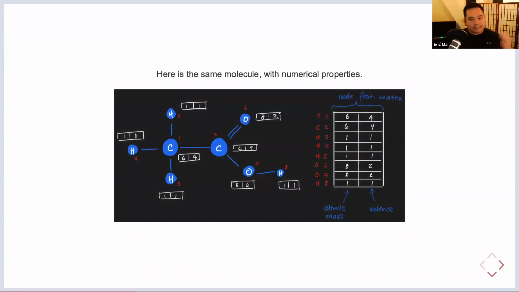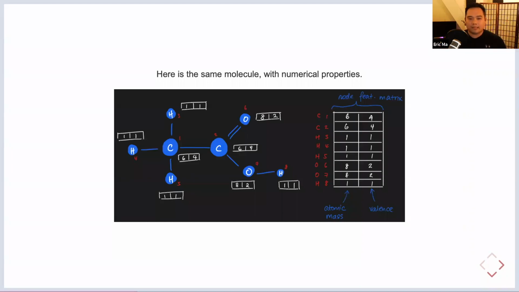Now, here is the exact same molecule with numerical properties annotated on each of the nodes, right? So let's say we decide to go in and annotate every single atom in the graph with the atomic number and the number of valence electrons that it has.